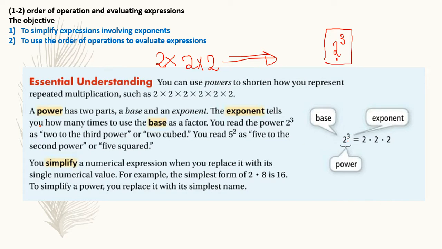So exponents tell you how many times to use the base, or multiply the base by itself. All this we call a power. Finally, you simplify a numerical expression once you replace it with its single numerical value.